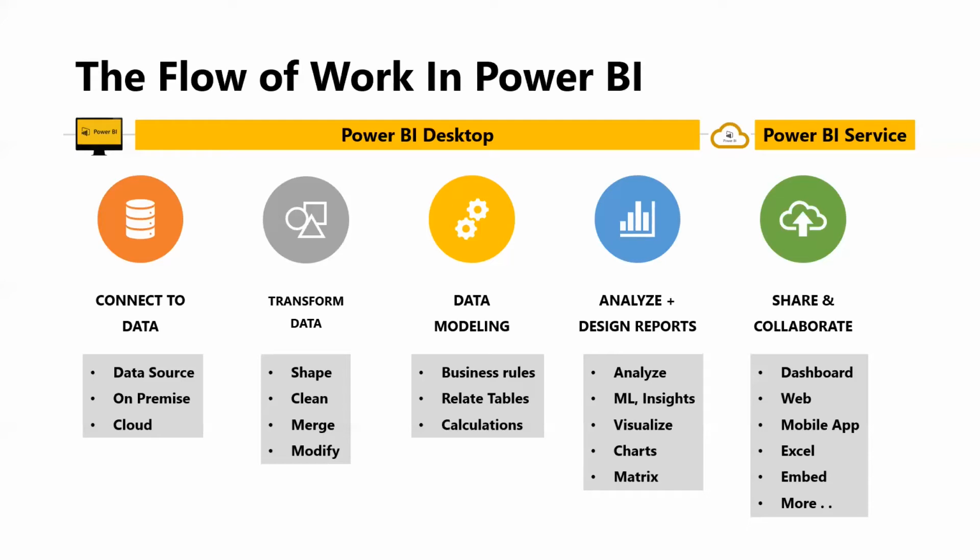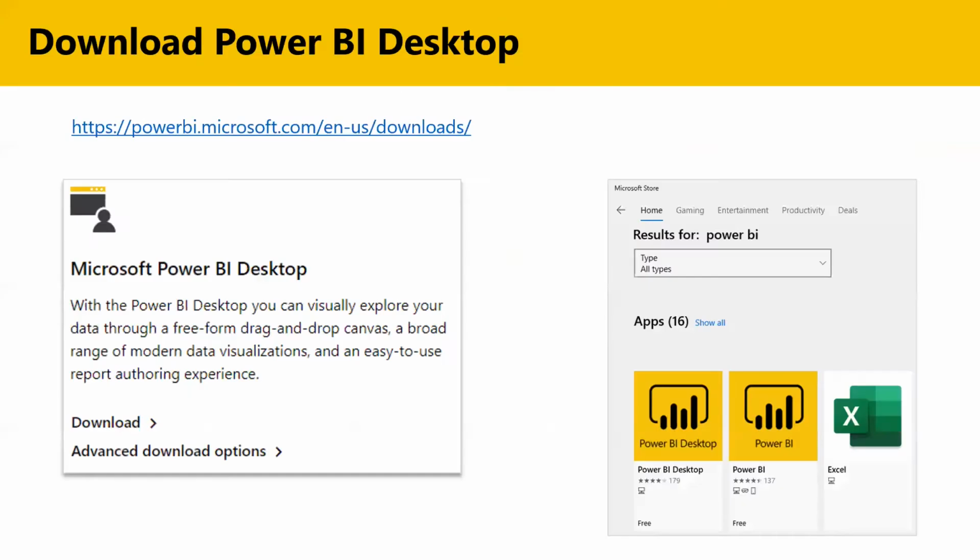Before we start the demonstration, let me just show you where you can download Power BI Desktop. You can visit powerbi.com and then you can find the download link there. There are two options basically. You have the App Store.